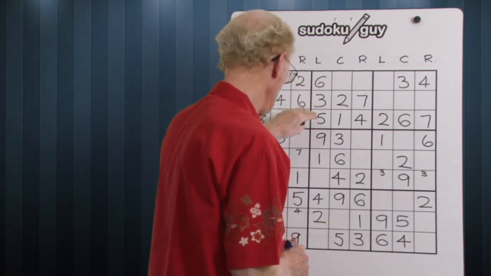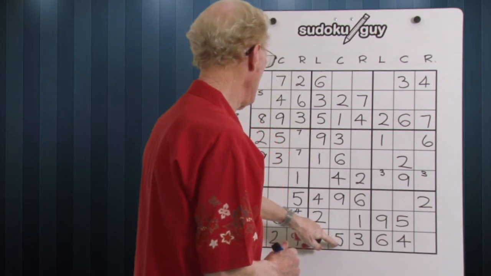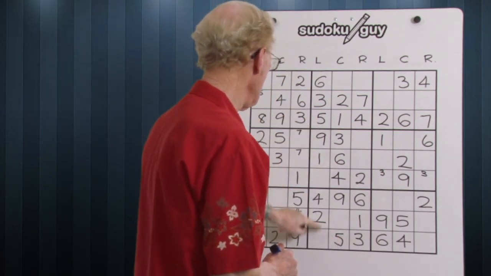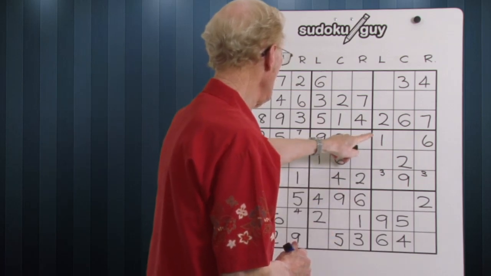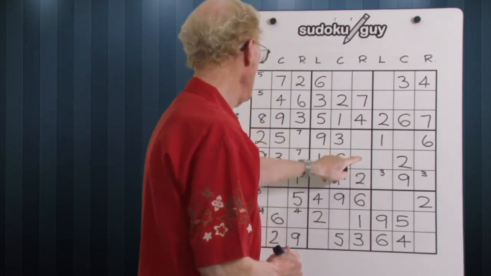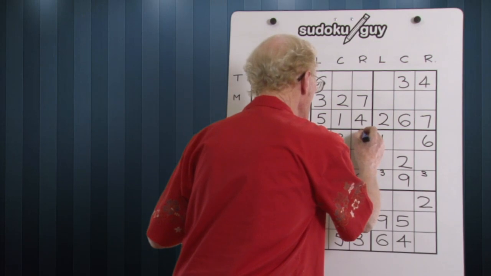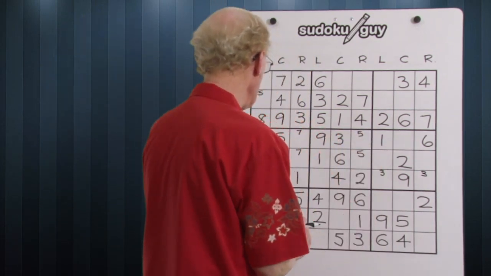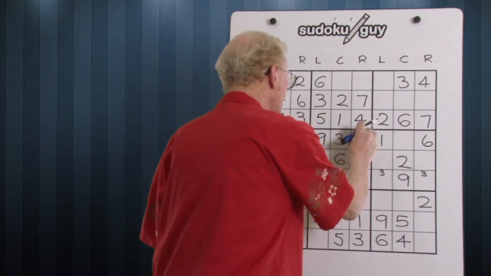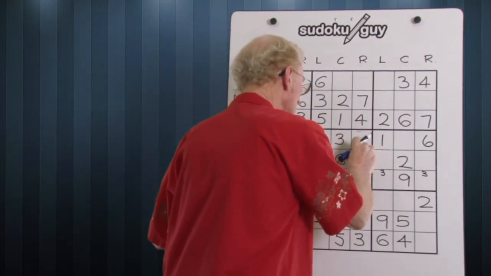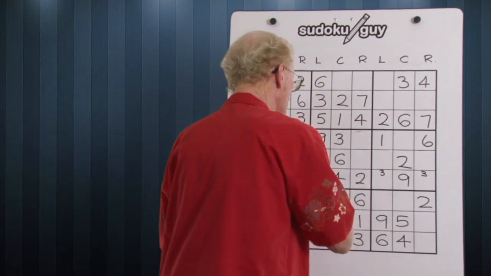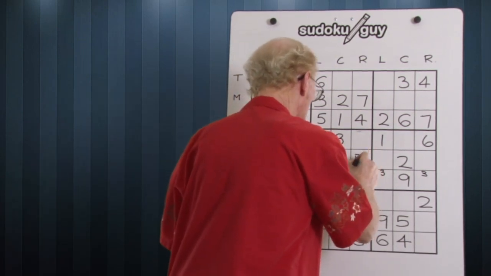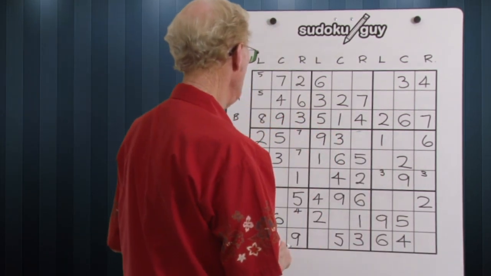5s in here. We have a 5 here in the center. We have a 5 on the left, center. This one doesn't have a 5. It has to be in there or there. If I put it in, I look to the right and left, and what do I find? I find that there's a 5 already there, so that cancels out that 5, so this becomes the 5. Now, 6s.